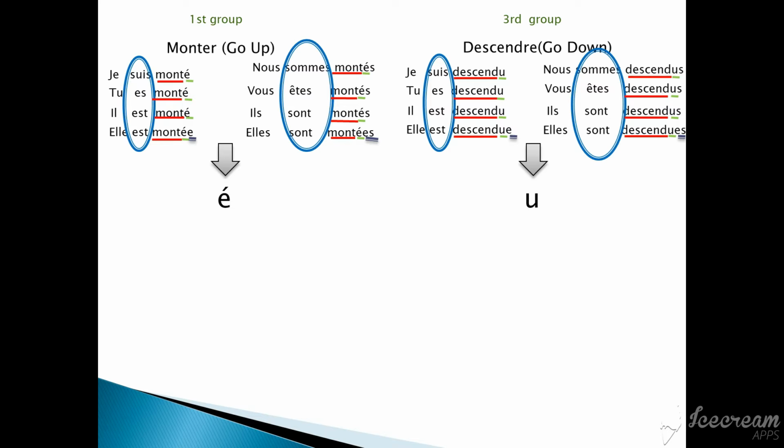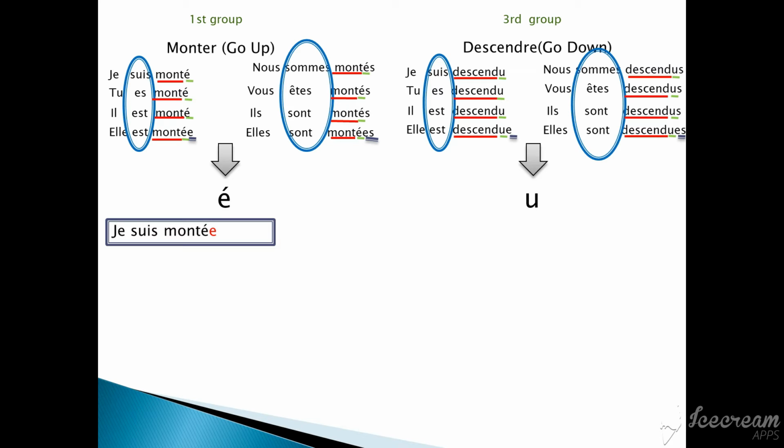And this is the same for all subject pronouns, which means, for example, that for me, as I am a female, if I want to talk about myself and say je suis montée, I'm gonna write it like this. Je suis montée with e at the end. Okay? To show that I am female.